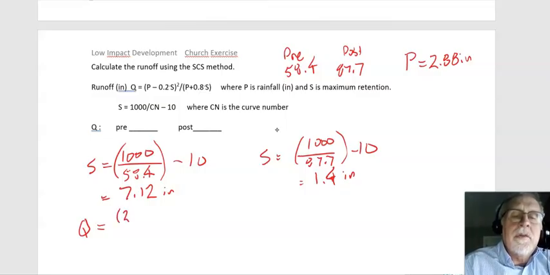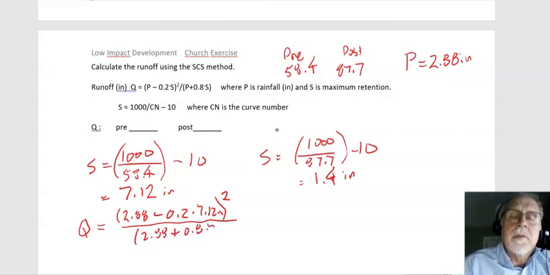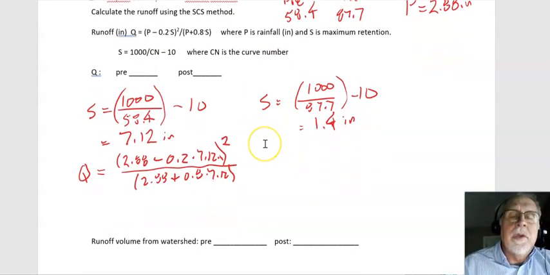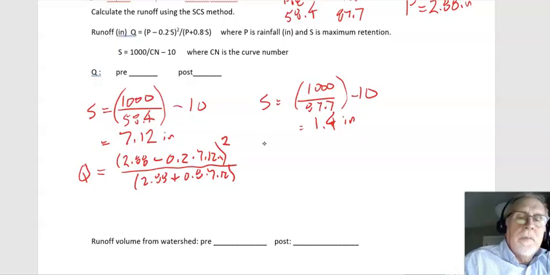So it's P, that's our 2.88, minus 0.2 times the S, which is 7.12 inches. Don't forget that square there, and then on the denominator it's 2.88 plus 0.8 times 7.12, and that turns out to be 0.25 inches.